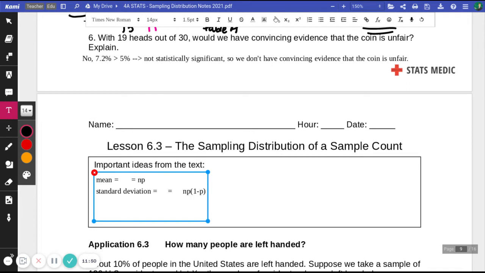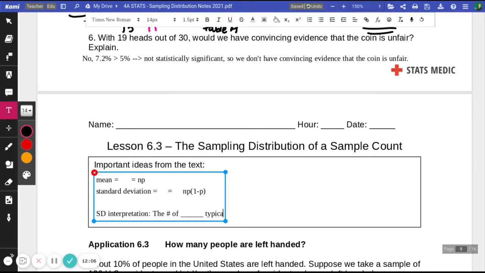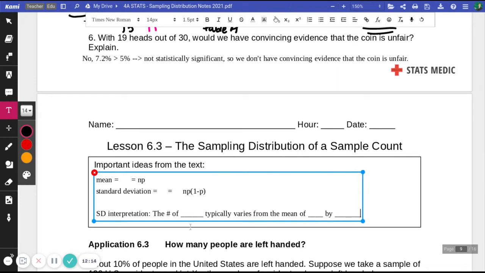Now, how do we interpret the standard deviation? The standard deviation interpretation is that the number of whatever we're talking about typically varies from the mean of whatever the mean is by whatever the standard deviation is.